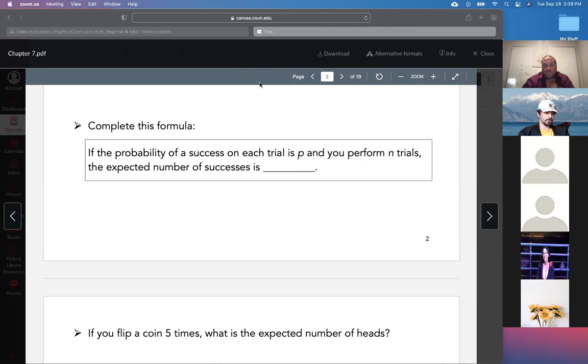How do we get the half? What's the probability of getting a heads if you flip a fair coin? Are you guaranteed to get a head if you flip a coin?